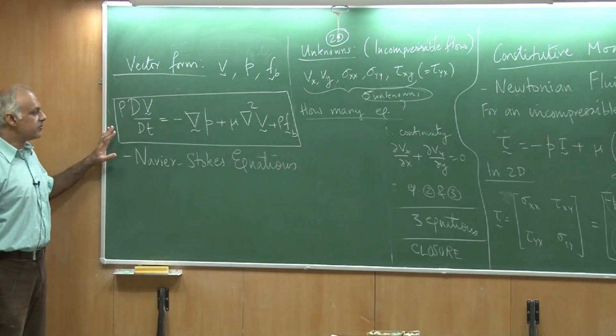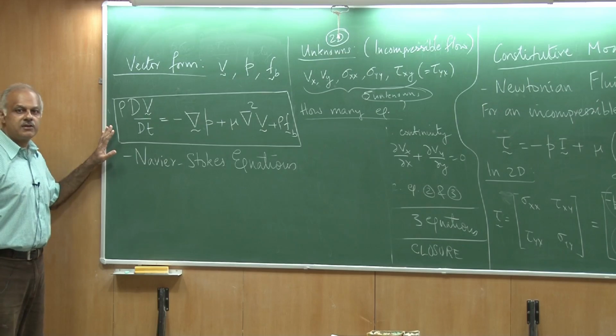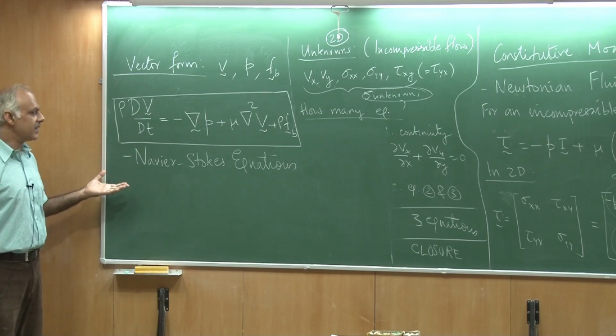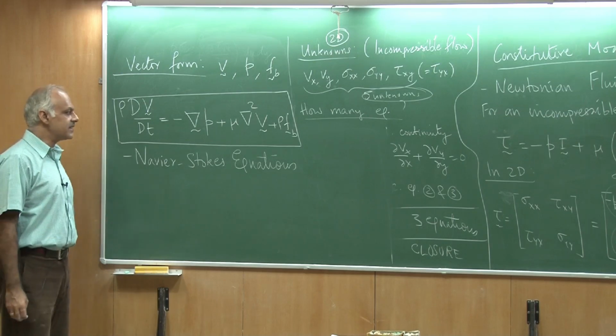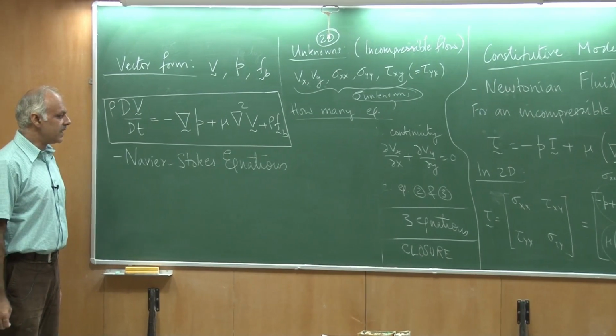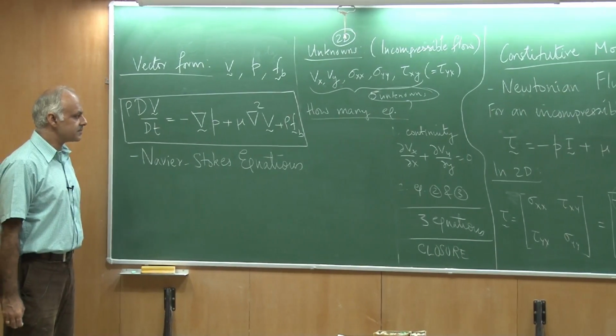And I have written them for incompressible fluid. For a compressible fluid, there will be a few more terms. Okay, there will be an additional term, but that is beyond the scope of this course. If you need to look at that, you can do that later.